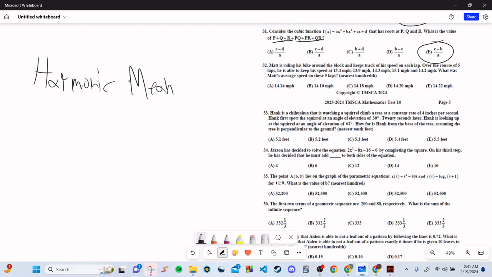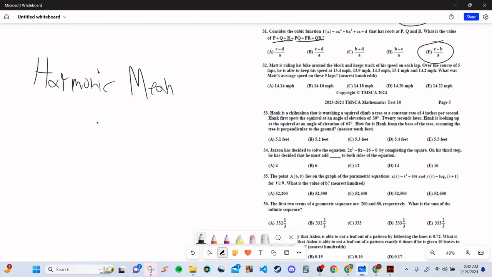This is only when you're dealing with speeds that you have to take the harmonic mean. In most other cases for other quantities, like if you're trying to get the average grade on a test or the average weight of a person, you usually just do the arithmetic mean. But when you're dealing with speeds, you have to do the harmonic mean.